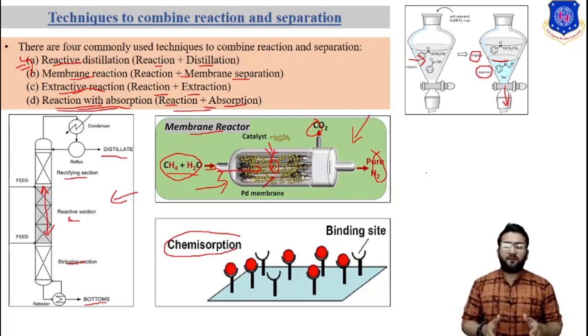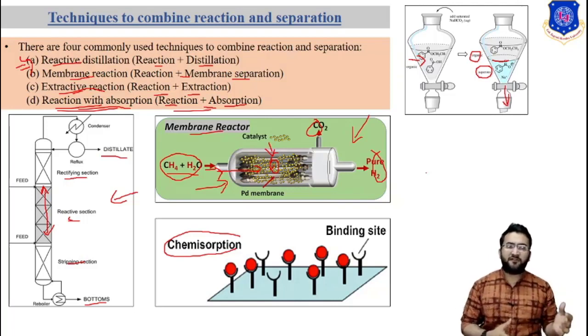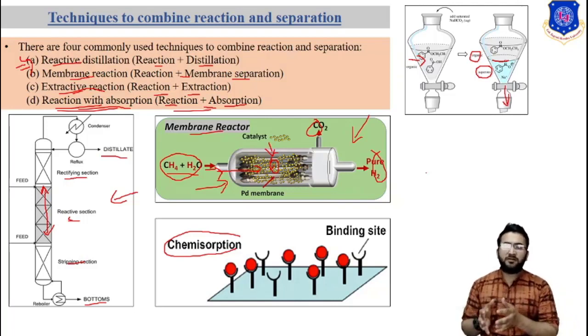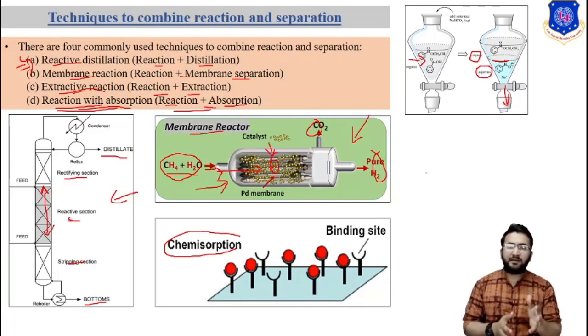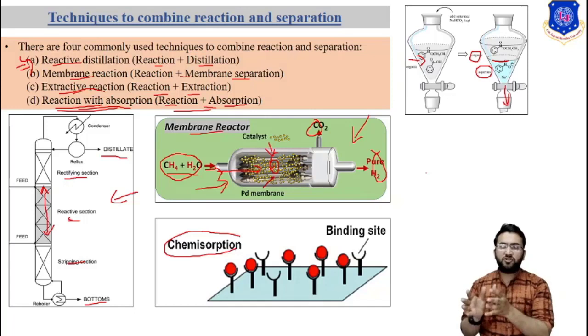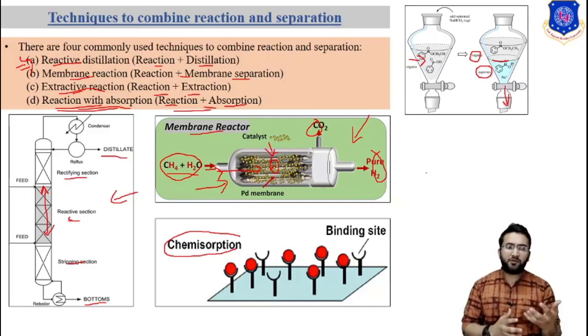The concept of reactive distillation was invented in 1920, but after that, for a long period of time, very little work was done in this direction. Almost 50 years later, important research work in 1971 showed that applying reactive distillation with a heterogeneous catalyst is far more useful than with a homogeneous catalyst.